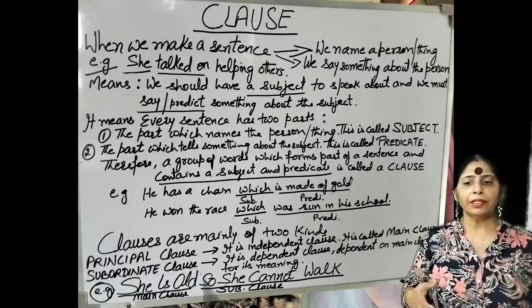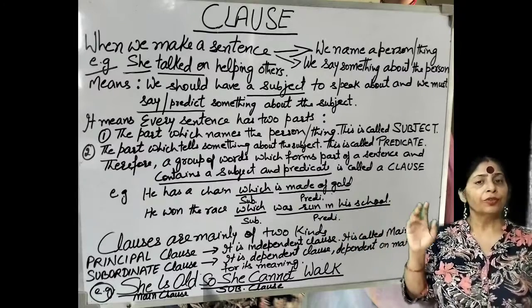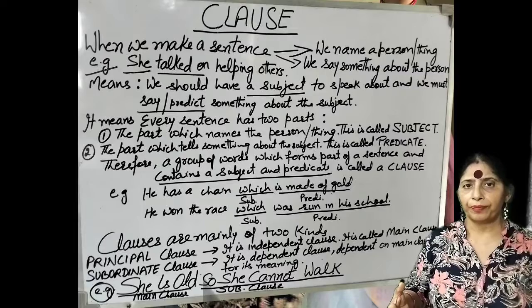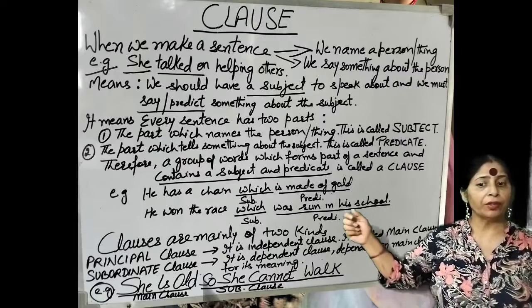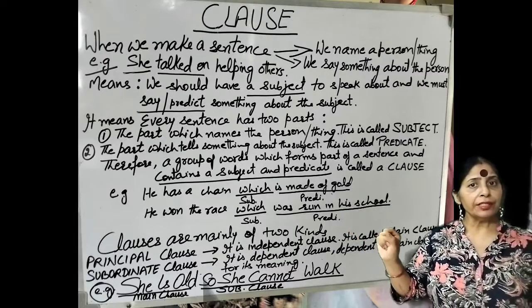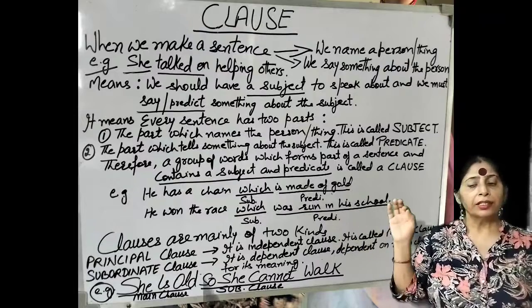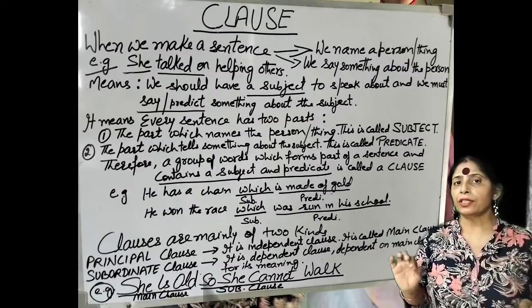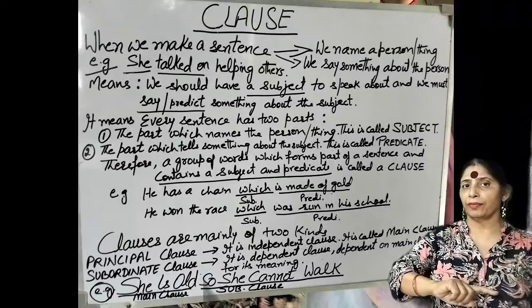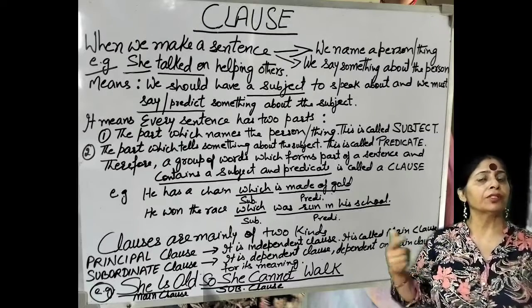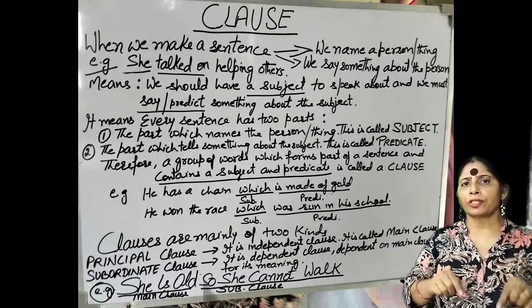For example: He has a chain which is made of gold. I have underlined this. "Which" is the subject. Why? Because "which" means chain; we are talking about this chain. So which word has come for the chain?